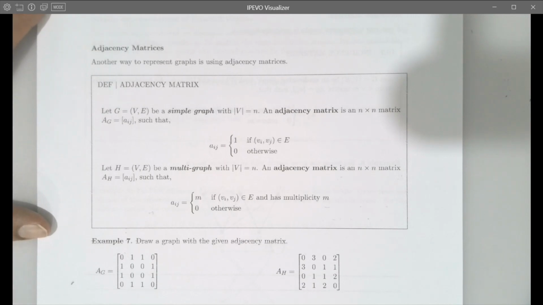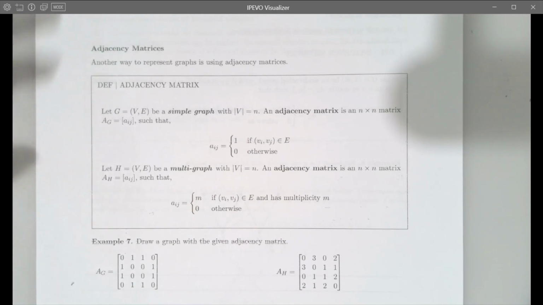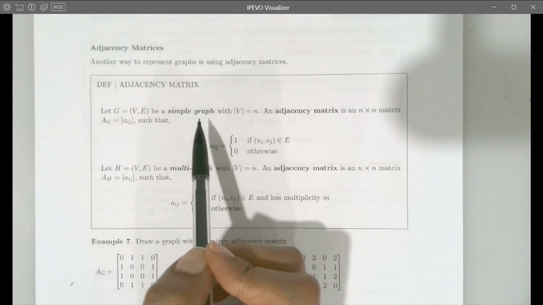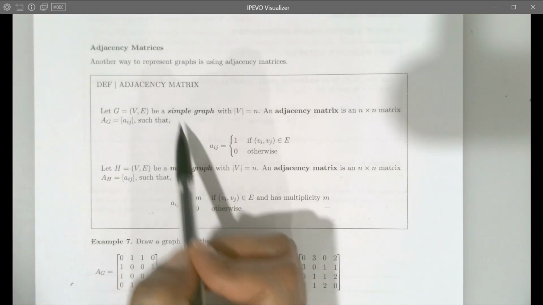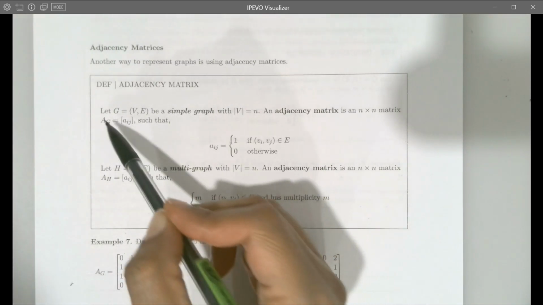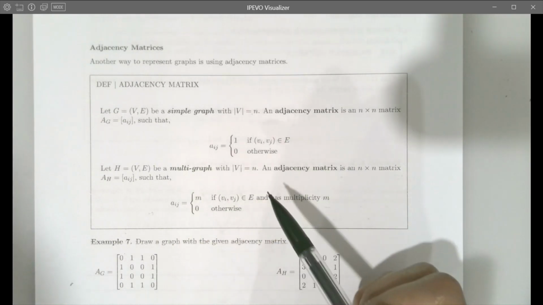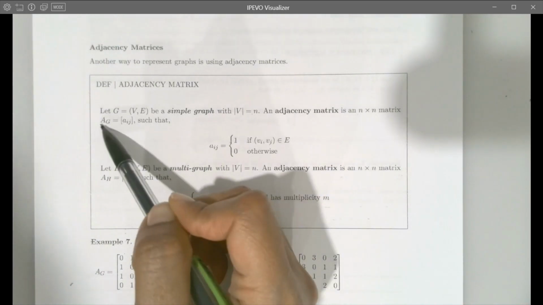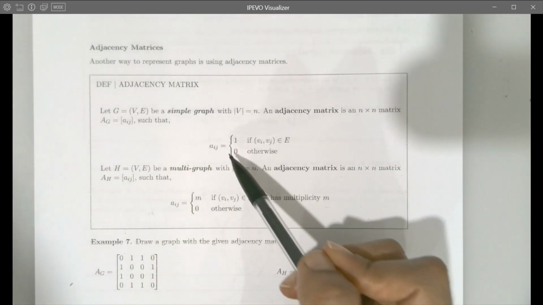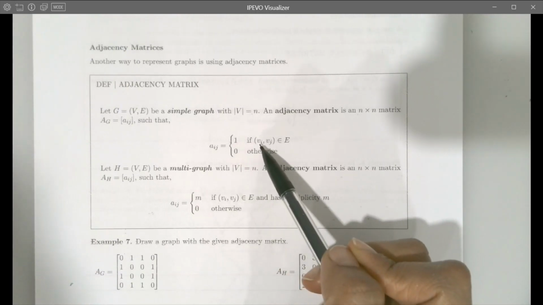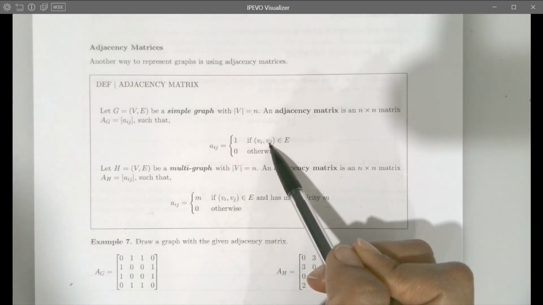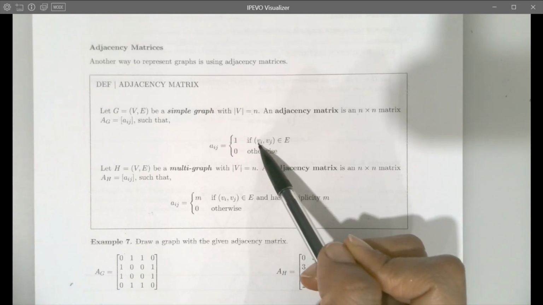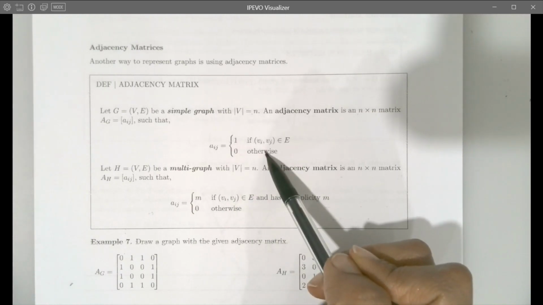Another way to represent graphs is using adjacency matrices. We're going to take a look at what an adjacency matrix is for undirected graphs, first for simple graphs and then for multigraphs. If G is a simple graph with n nodes, then the adjacency matrix is going to be an n by n matrix where the ijth component will be a 1 if the nodes vi and vj are connected, meaning there is an edge between vi and vj, and 0 otherwise.